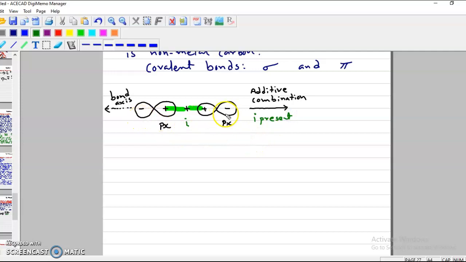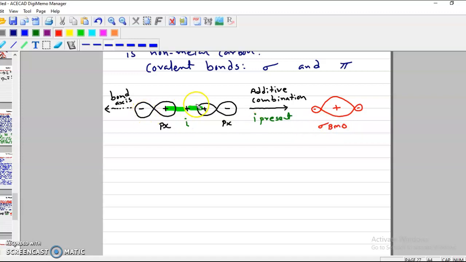If I is present, these two atomic orbitals merge and produce a new orbital like this, in which the positive lobe is large and the negative lobes are very small. That means the probability of finding an electron between the nuclei is maximum. It is called positive combination, and this orbital is known as sigma BMO, the bonding molecular orbital.